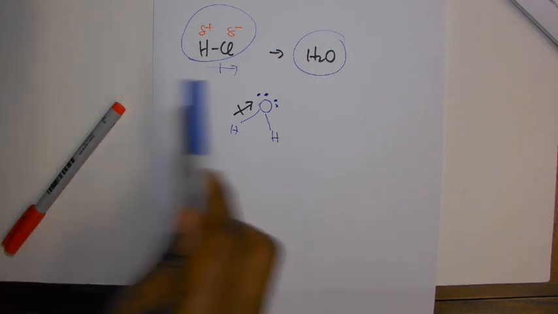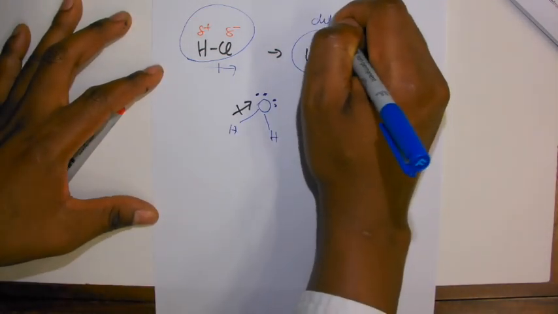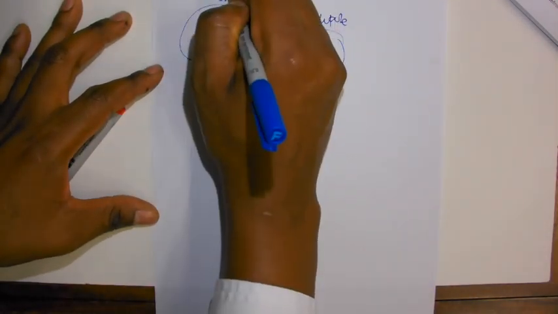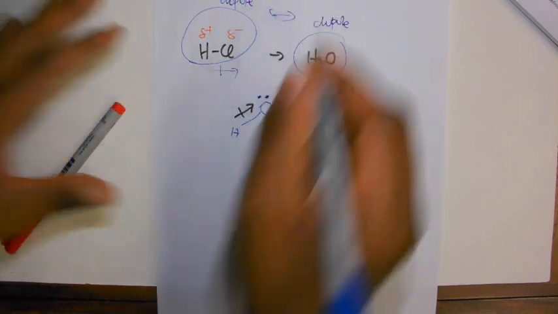So we say this one also has a dipole. This one also is a dipole. So here we have dipole-dipole because there are two polar molecules. That means dipole-dipole happens when there are two polar molecules. What about when there are two non-polar?